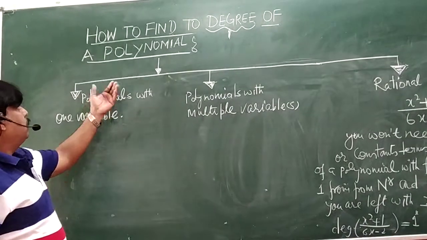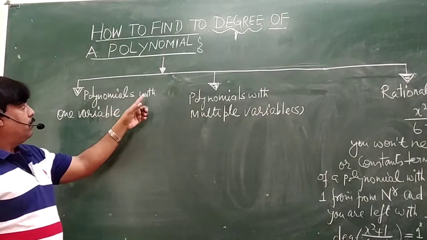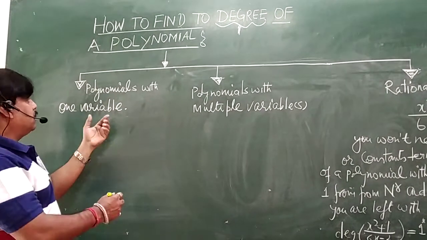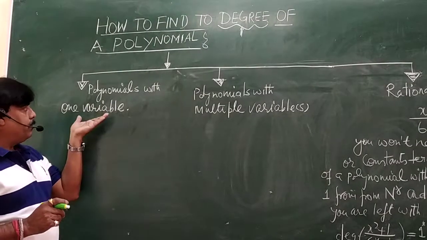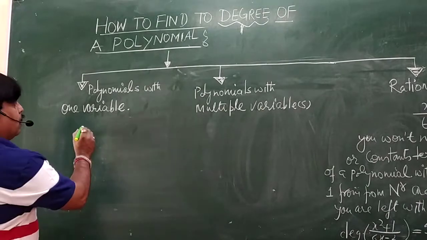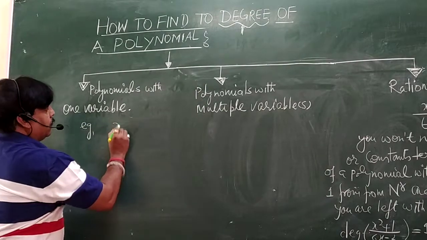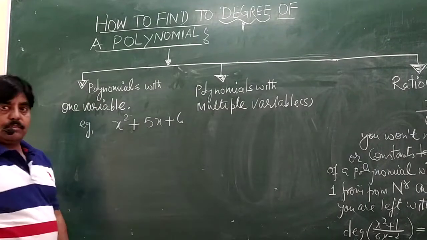Okay. First one is polynomials with one variable, meaning a polynomial is given which has only one variable. अगर किसी polynomial में variable 1 है, तो how can we find out the degree of the polynomial? For instance, x square plus 5x plus 6.